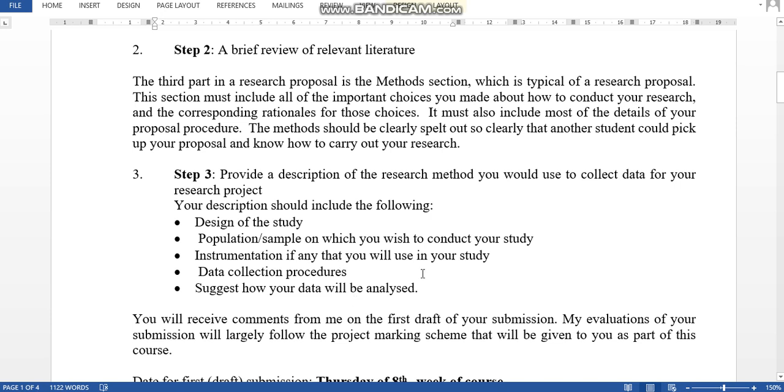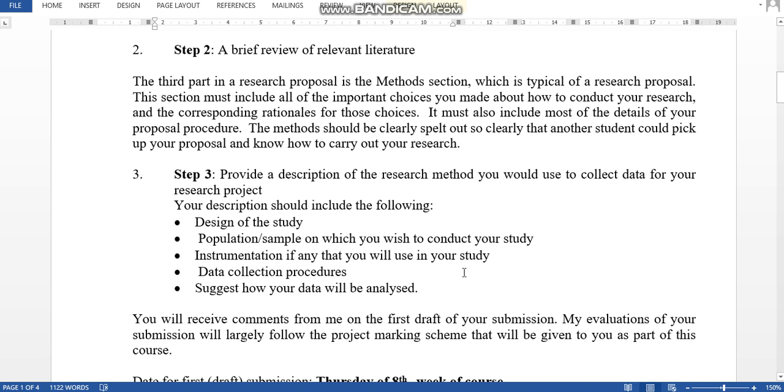Suggest how the data will be analyzed. More precisely, put down your research questions, and below the questions, tell how you would analyze each of these questions.